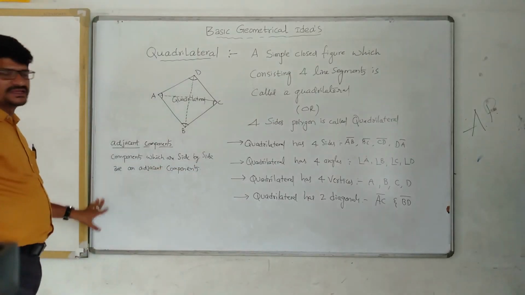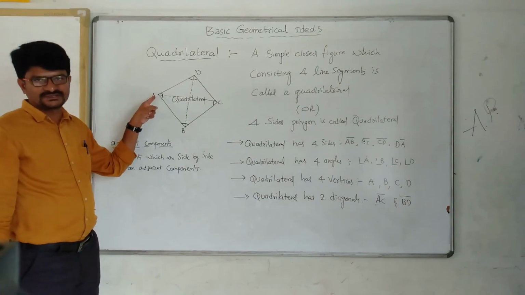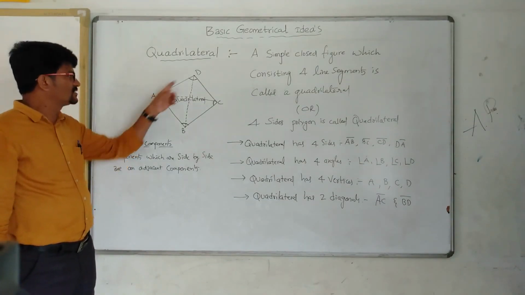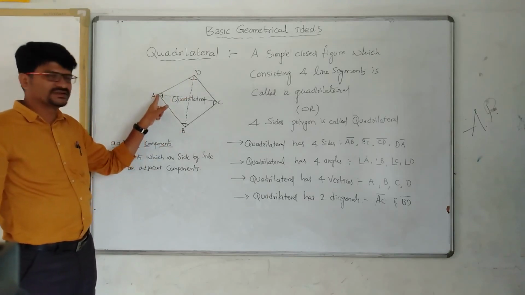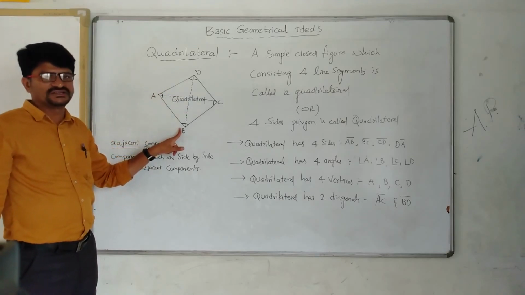See, mathematically you can derive adjacent. Adjacent means one common vertex must be there. For example, if you say adjacent sides, AD and AB have a common vertex. Therefore, these two are one pair of adjacent sides.